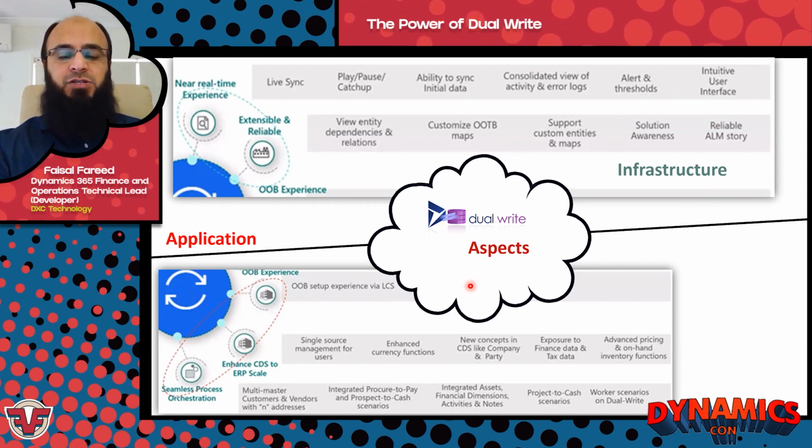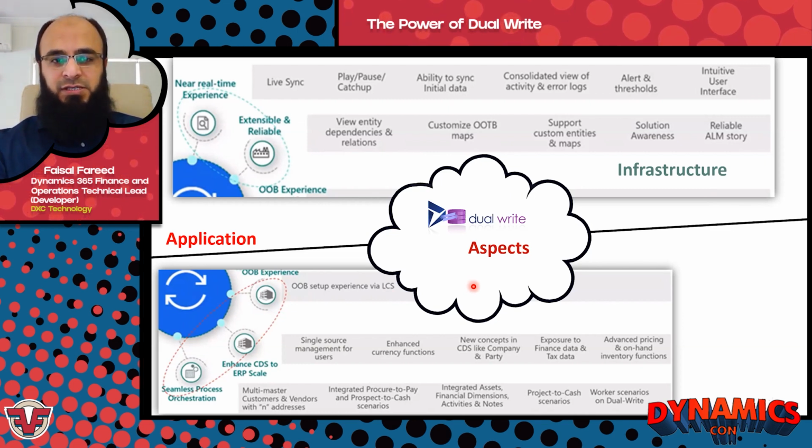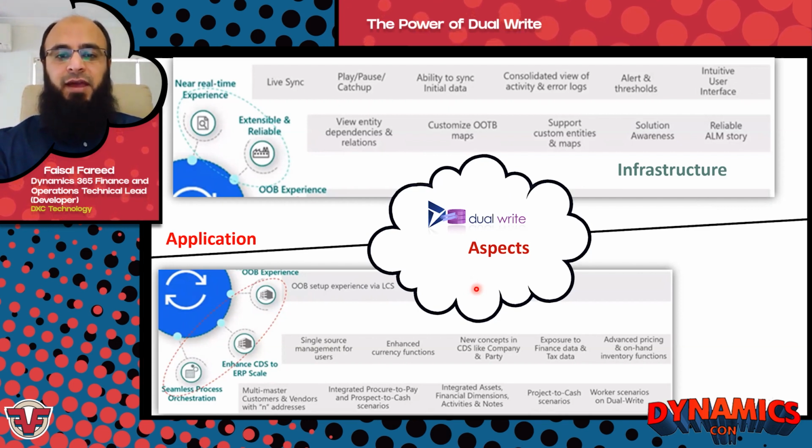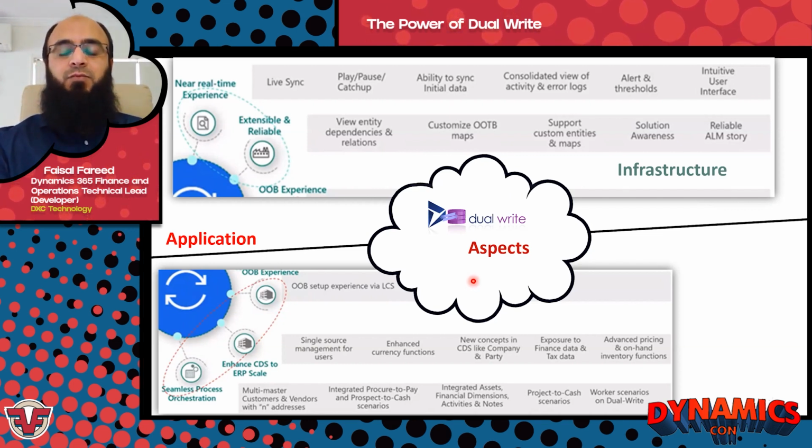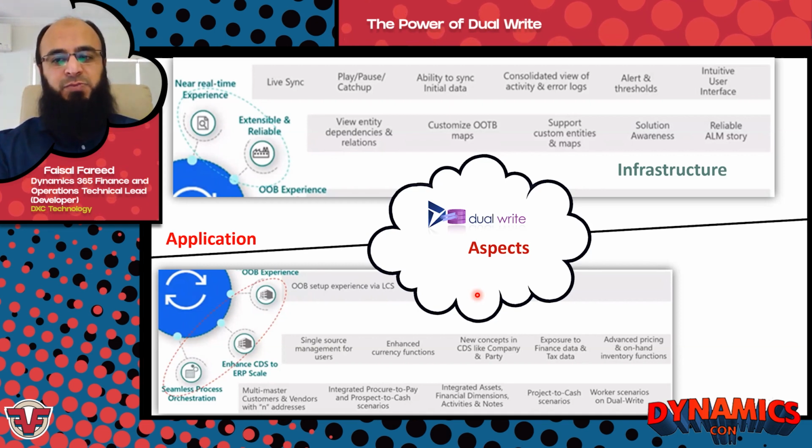The application aspect of dual write is, you can think of it as the features available from the finance and operations side and the customer engagement side. The most hot topic nowadays, or the latest feature Microsoft is working on, is having the party concept in customer engagement.